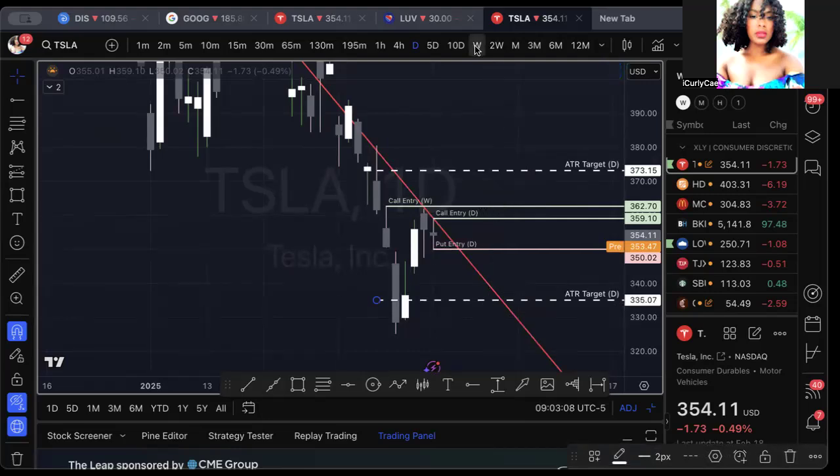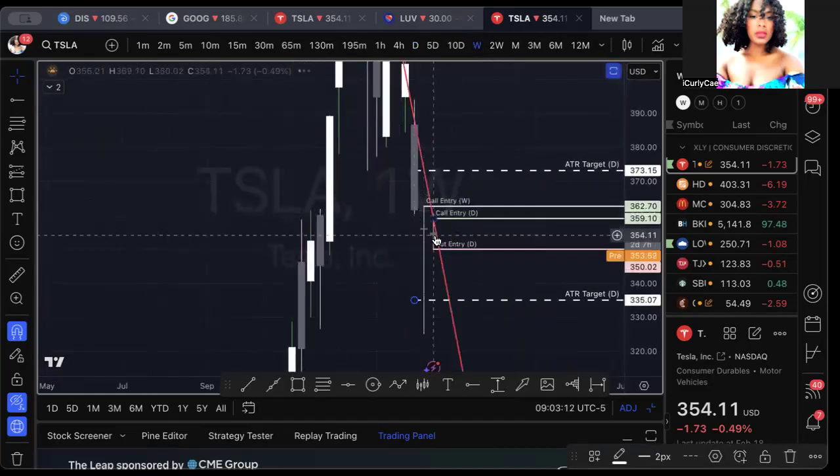But one more thing that I want to do, since we actually have the call entry mapped out for the week, I also want to figure out the weekly move that it can actually do. And if we do take the week, if it does decide to move up, then because we found it on the weekly time frame, we're going to give ourselves at least 2 weeks on expiration. Let's see here.